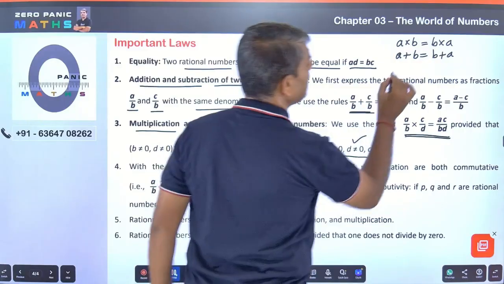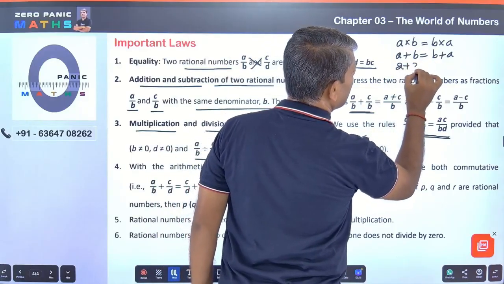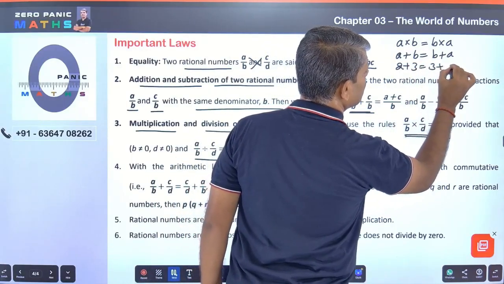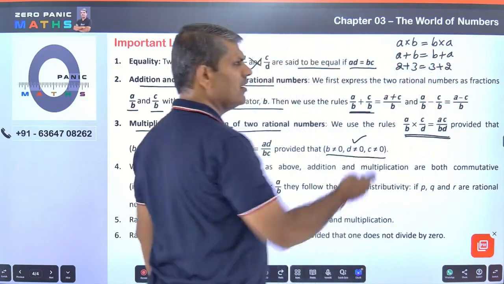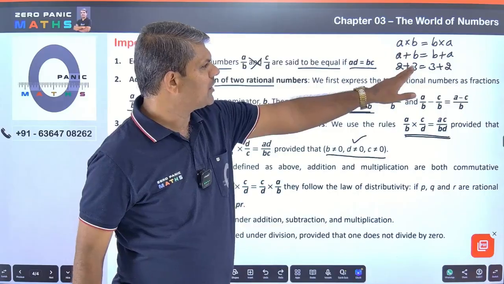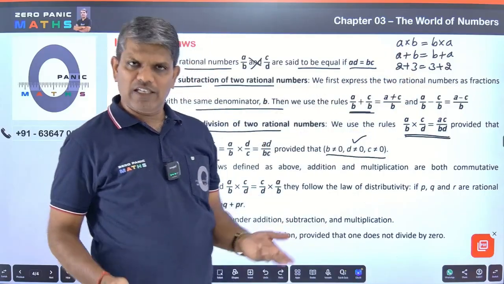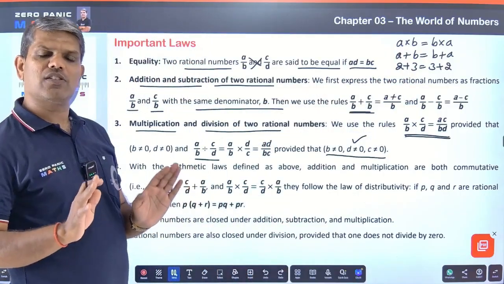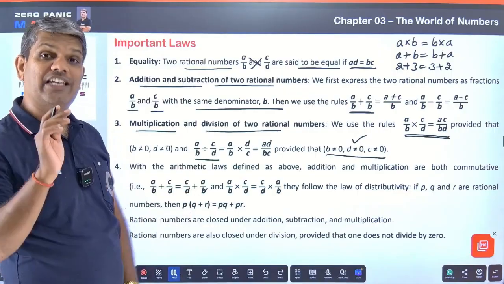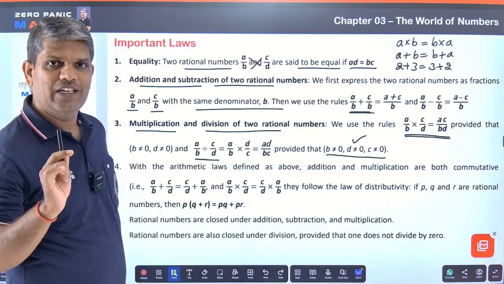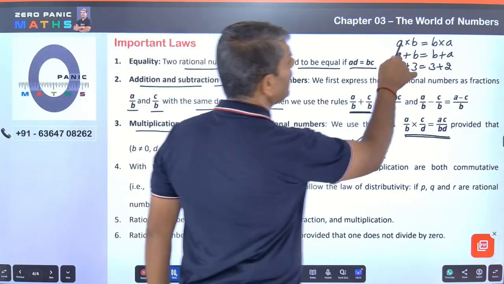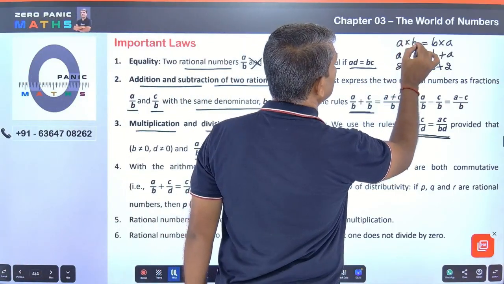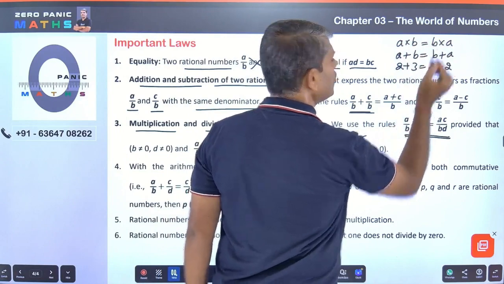You see that 2 plus 3 is equal to 3 plus 2. If you change the values, if you take 3 before 2, does the value change? 2 plus 3 is 5 and 3 plus 2 is also 5. That is what is called addition is commutative. Similarly, multiplication also: 2 into 3 is exactly equal to 3 into 2.